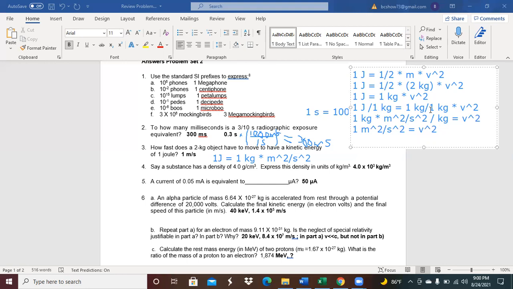So how do I get the velocity squared by itself? How do I undo a squared operation there? What undoes a square operation is taking the square root.